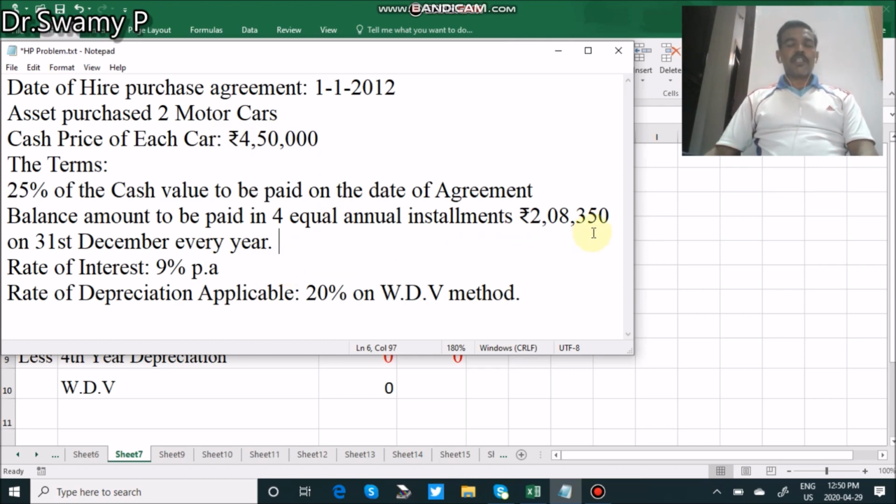One important thing to keep in mind is that in hire purchase cases, interest is calculated on the outstanding cash balance for each and every installment. In the present case, there are 4 annual installments. Suppose out of the 9 lakh rupees, down payment is deducted. After the down payment is deducted, we need to calculate interest on the remaining balance at 9% per annum.